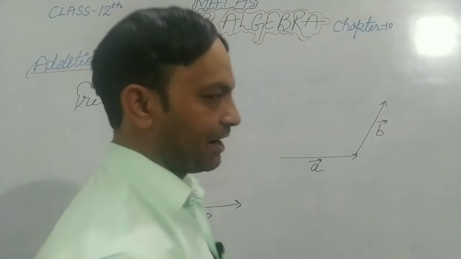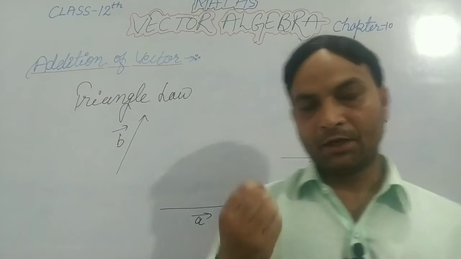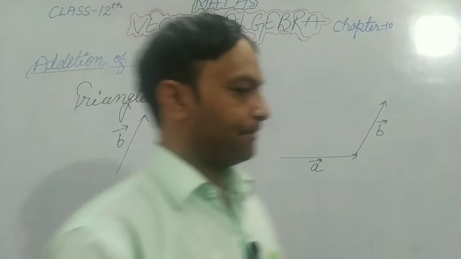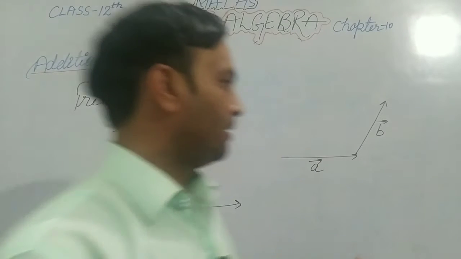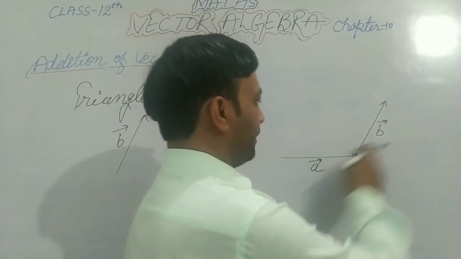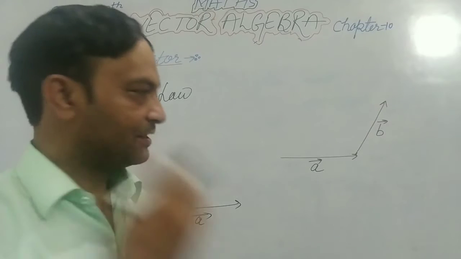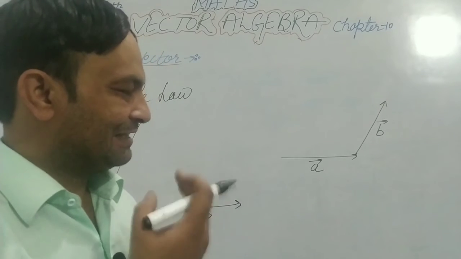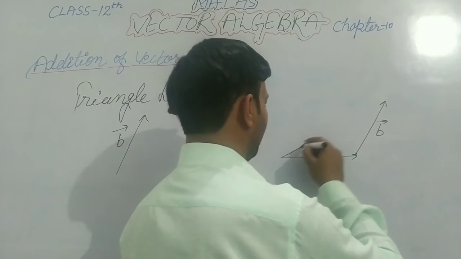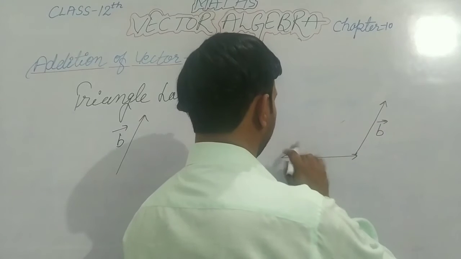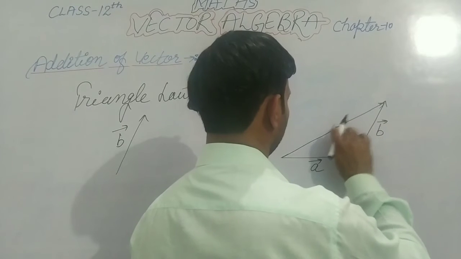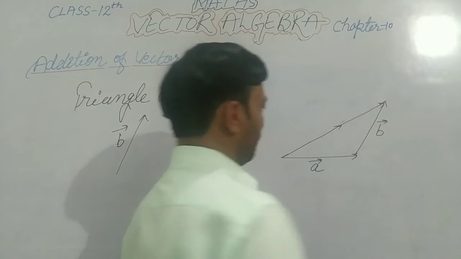So how can we define the triangular law of addition? If two vectors are represented by the two sides of a triangle taken in order, then their sum or resultant is represented by the third side of the triangle taken in opposite order, isn't it?